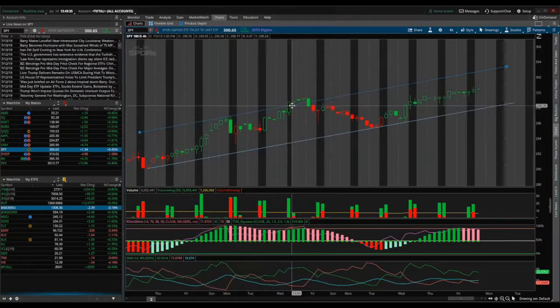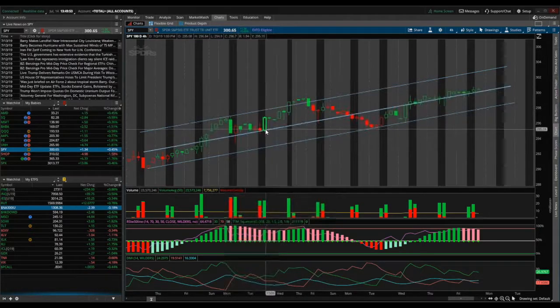Resistance. We broke it, but resistance here. Now, if we duplicate it, we can even identify that there's kind of a middle here.